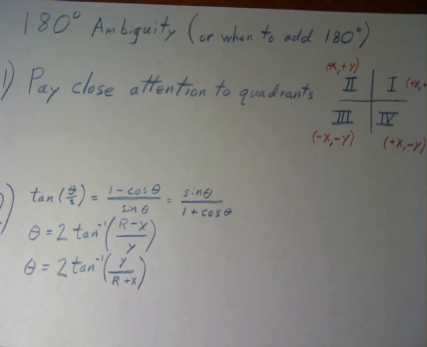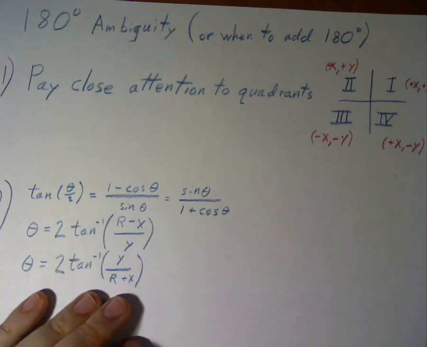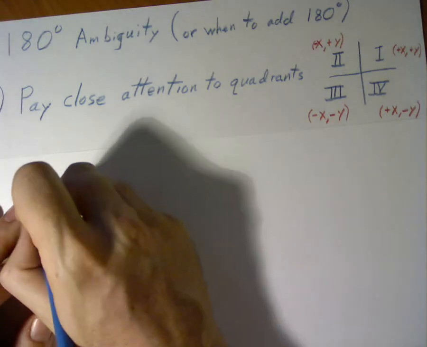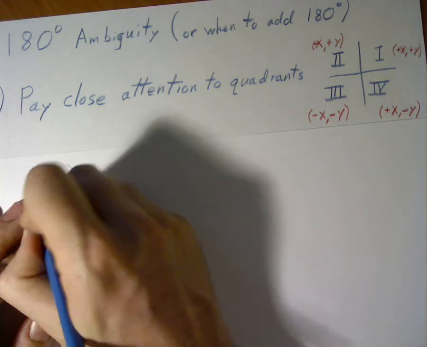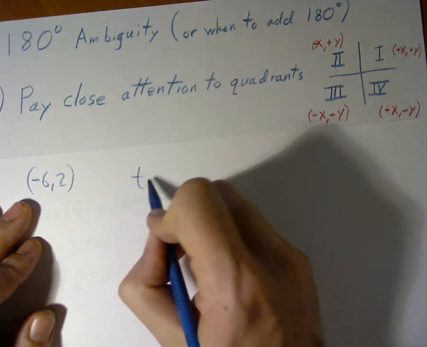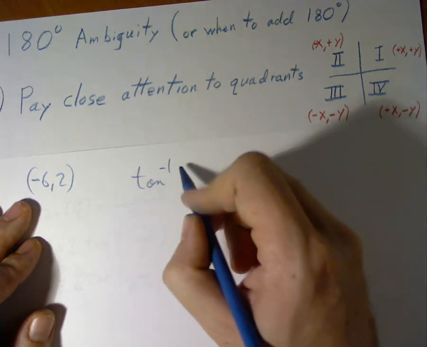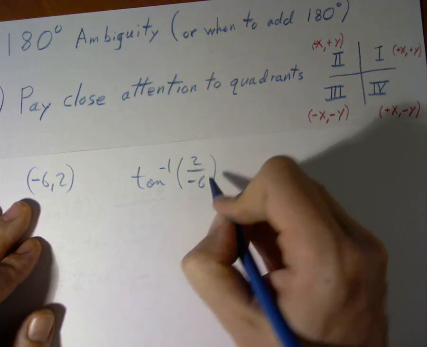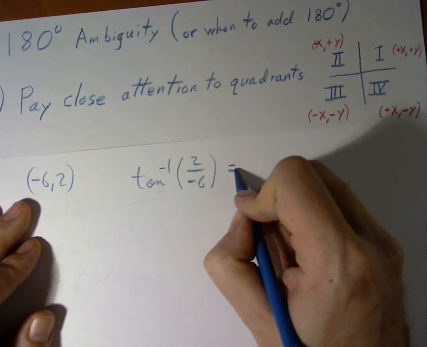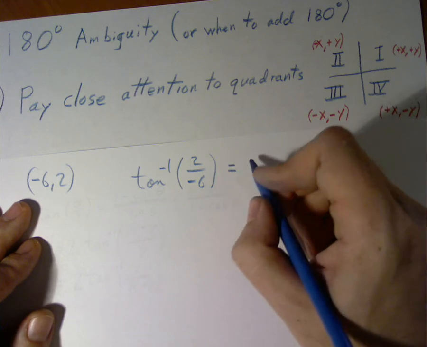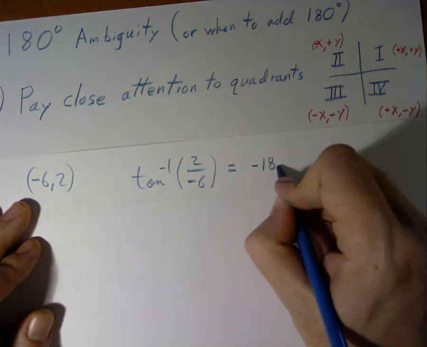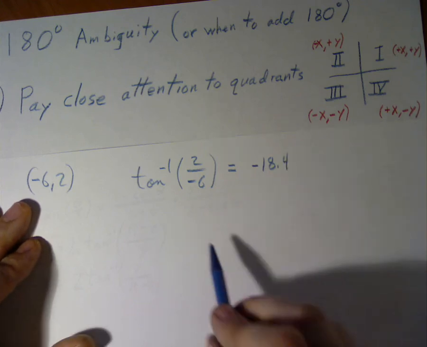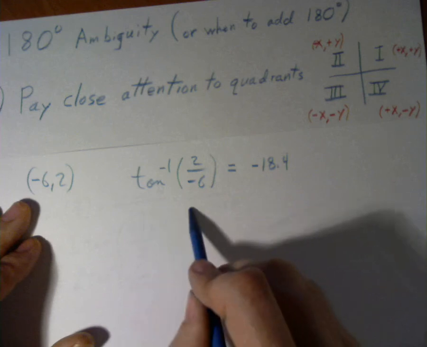For example, if we have the point negative 6, 2, to find the angle, I would do 2 over negative 6. This naively gives me an angle of negative 18.4. Should we believe this? Well, let's graph this point out.